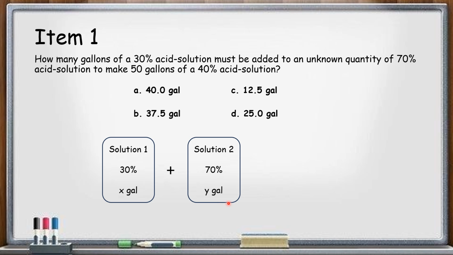And we will name this the y gallon. Of course, you can't name it the same variable because these are two different liquids with different concentrations, right? And finally, both of them are equal to the final solution, which is solution 3, a 40% acid solution, which is 50 gallons in total.